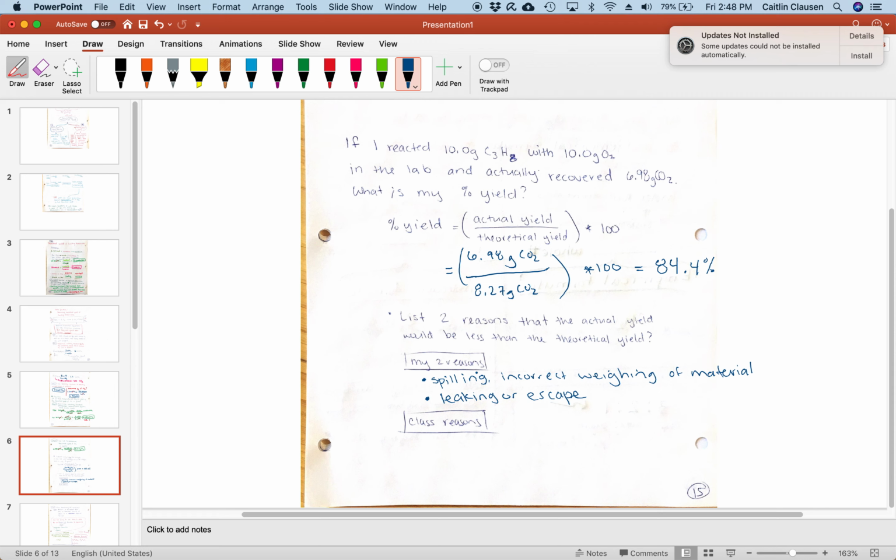Did it leak out somewhere? Did you not fill a syringe correctly, potentially? Did you spill reagent? And also it could be that you didn't run the reaction for long enough, so maybe it's you, but also the reaction itself didn't go to completion. Maybe your equipment wasn't working properly. There's a lot of reasons. Let's try and be specific.